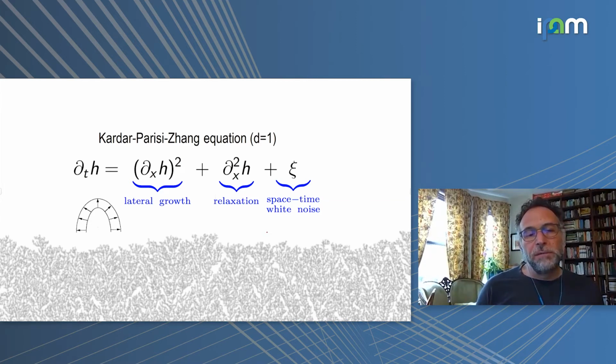And so the vertical component of the growth has to be a nonlinear function of the slope. Now, of course, if you look at this little picture I drew, the nonlinear function is something like the square root of 1 plus d_x h squared. And I've just written the nonlinear function d_x h squared.